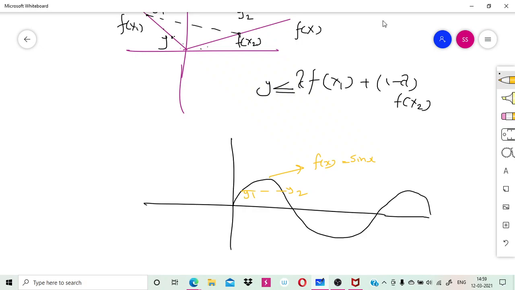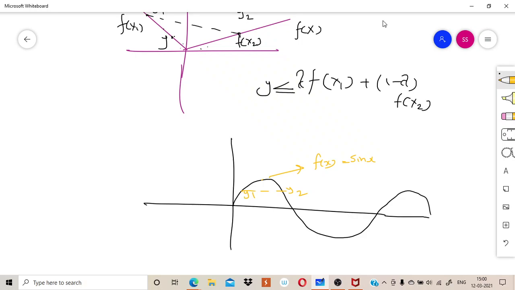So it is not at all a convex function, because this line segment is below this f of x graph. That means if you take any point on this f of x equal to sin x, then that lies above the line segment joining y1 and y2. That is nothing but the violation of our convex inequality construct.